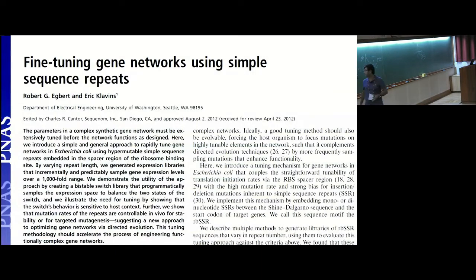The circuit they are looking at is one of the most well-studied circuits, both theoretically and experimentally: the double negative feedback loop. This is seen in multiple developmental contexts where a binary cell-fate decision has to be made.